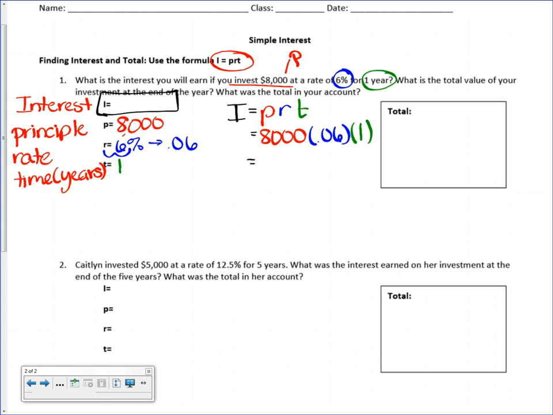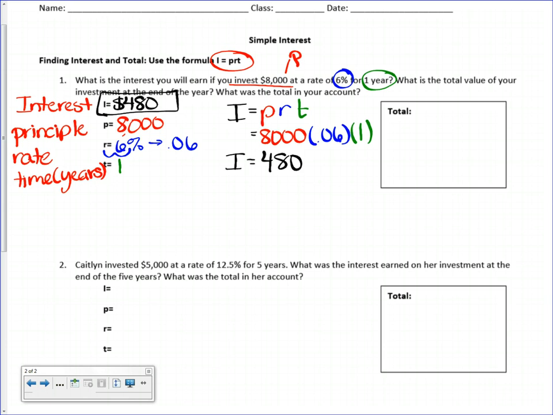And then you just go ahead and multiply all three of those. When you multiply them, you get 480. So that amount is I, interest. So the first question, what is the interest you will earn? That's $480.